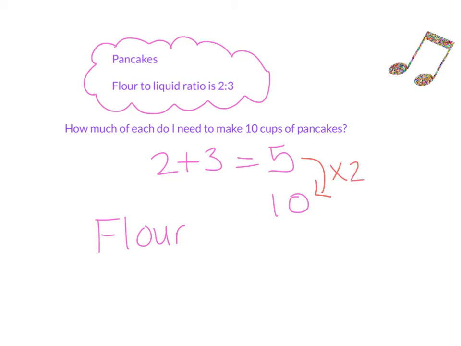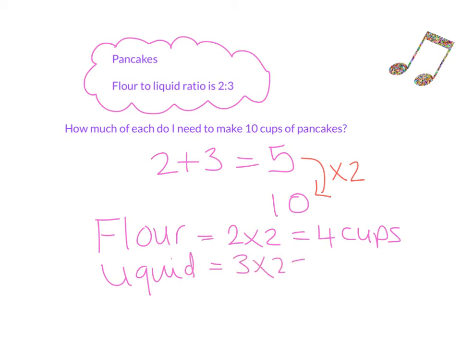The reason I know I need twice as much is because 10 is twice as much as 5. For flour, I had 2 cups before, I need double that, so I'm going to do 4 cups. For liquid, I had 3 cups, I need twice as much as that, so I'm going to have 6 cups. 4 cups of flour, 6 cups of liquid, mix them together, we're going to have an awful lot of pancakes.